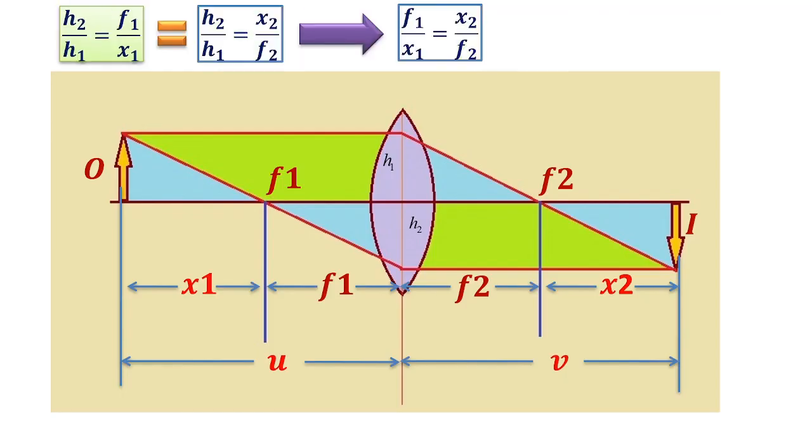Further, h2 divided by h1 is equal to f1 divided by x1, and is also equal to x2 divided by f2. It gives us f1 divided by x1 is equal to x2 divided by f2.